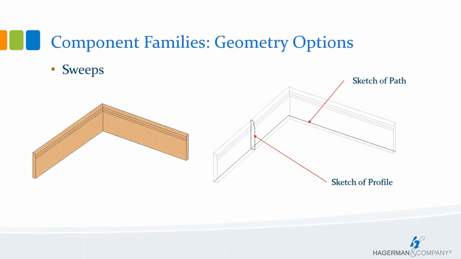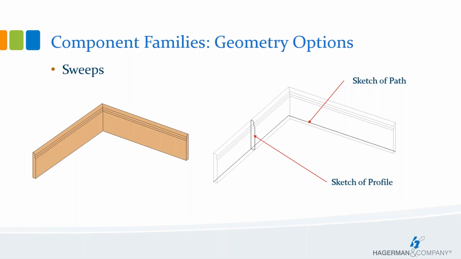All right. So the next solid modeling tool in the family editor is the sweep tool. So just like other tools, it is sketch-based, but this time you can take that sketch and extrude it along a path that can be drawn.